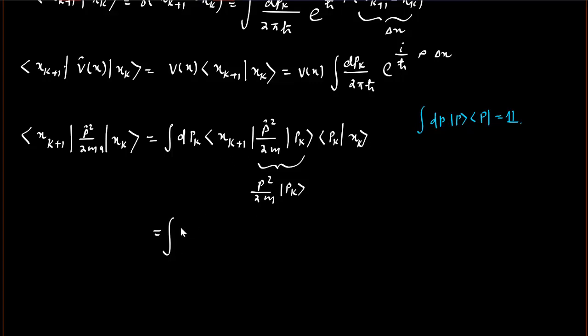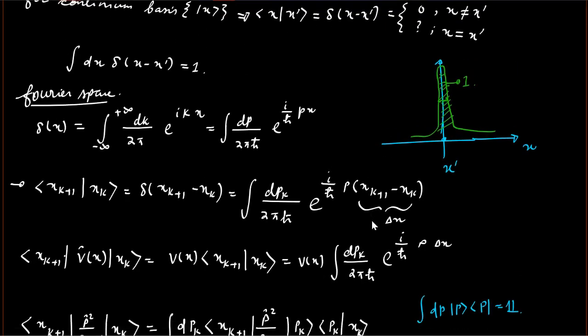Finally I will get dp_k, and actually one more thing I forgot, I can write this in this format: over 2 pi h cross, p squared by 2m, e to the power i by h cross p_k delta x.